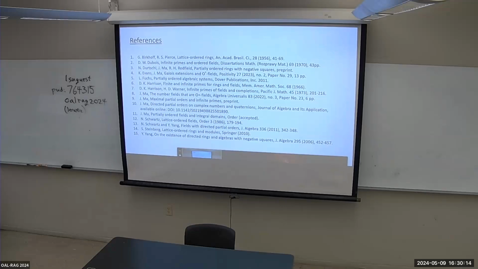I was surprised actually, because nobody before mentioned this to me. The Berkeley paper is from 1956, and the Harrison paper is from 1936. But Harrison didn't mention any partial order in his book, and my advisor's work didn't mention anything about infinite primes.